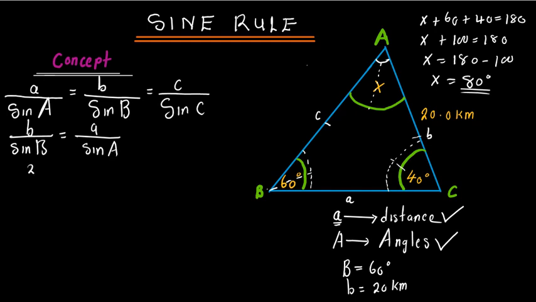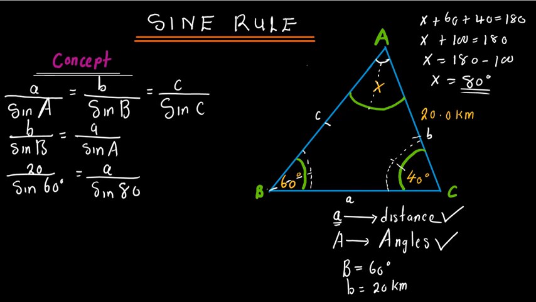Notice that B is 20 kilometers over sine B, which is just 60 degrees. A is a distance which is not known, but we have the angle, which is 80 degrees.